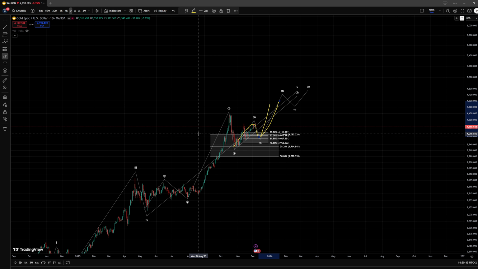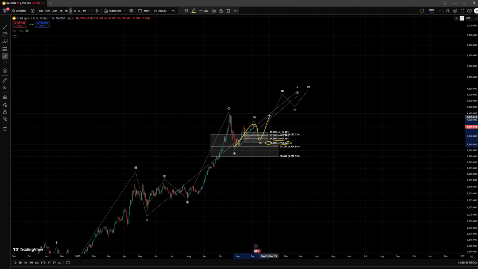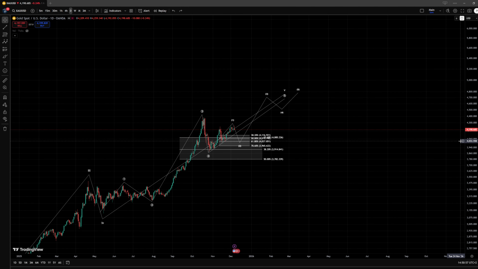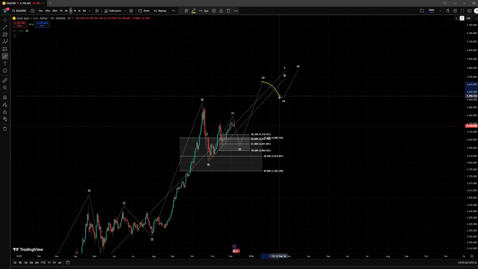However, that is still a likely move to happen for me. As long as we hold here, especially the 78.6% retracement, I am still looking with high likelihood to form here at least another wave to the upside, and if the proportions are sufficient, we will look for, after this wave is complete, the correction in a wave 4, and if we hold here the area of support internally, we can find even another high.